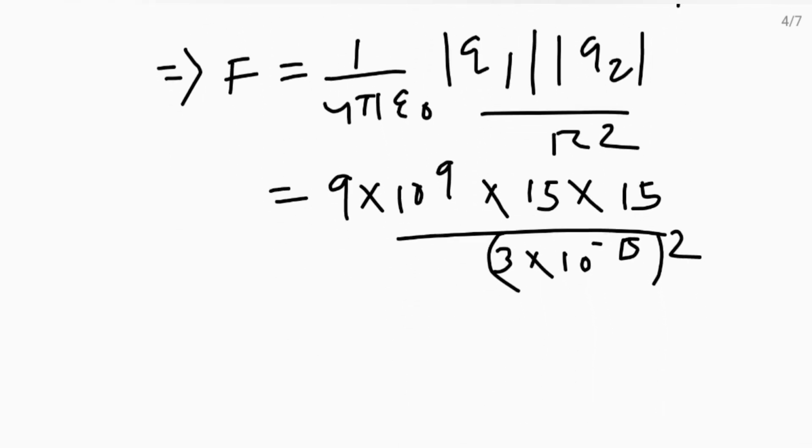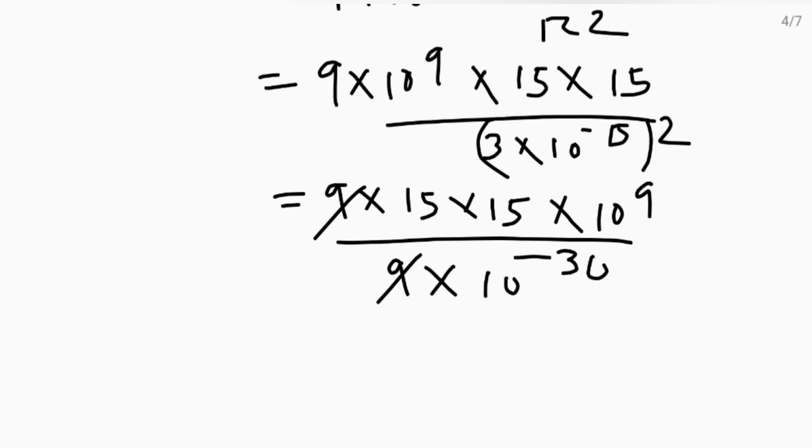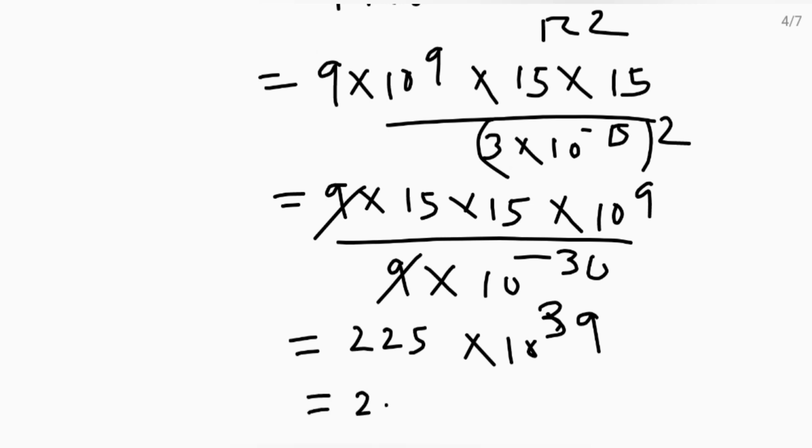If we simplify this, 9 into 15 into 15 into 10 to the power 9 divided by 9 into 10 to the power minus 30. This 9 will cancel, and 15 multiplied by 15 is 225, and this will be 10 to the power 39, and further simplified, it will be 2.25 into 10 to the power 41 Newton. So this is the answer.